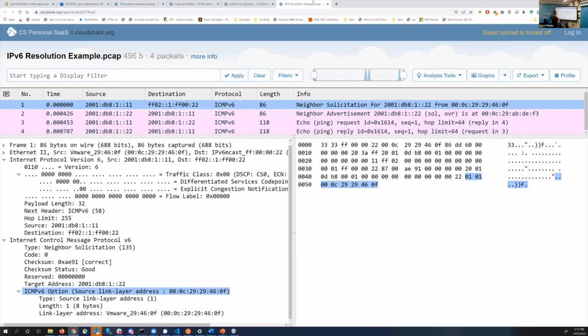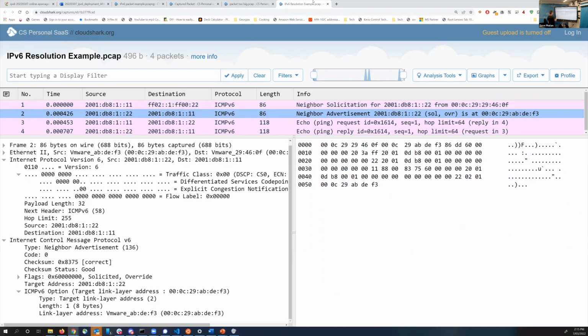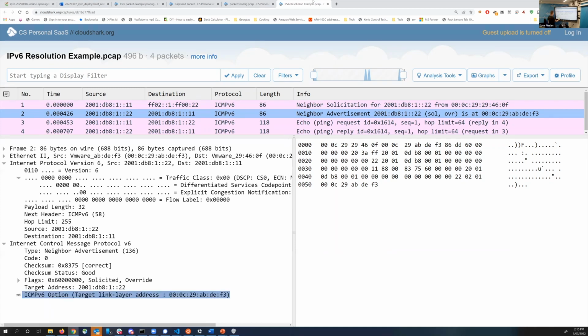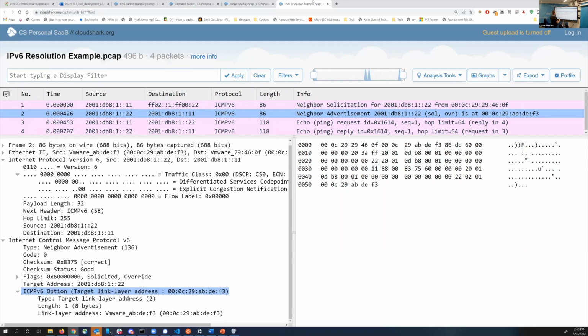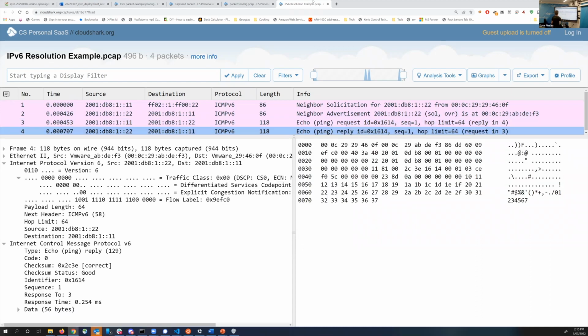So we do that neighbor solicitation for this. Then we have the neighbor advertisement coming back. I have my target link layer address down here, and it's sending back my layer 2. Send my ping, get my response.